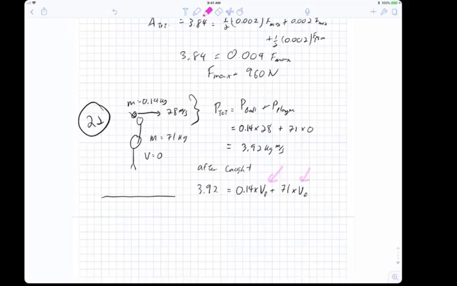Alternatively, we could just say the player and the ball are one object with a mass of 71.14. Anyway, VF is going to be equal to 3.92 divided by 71.14. That's 0.055 meters per second. Yeah, that's not very fast.